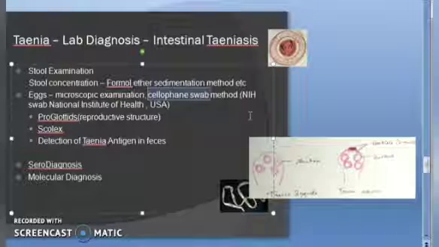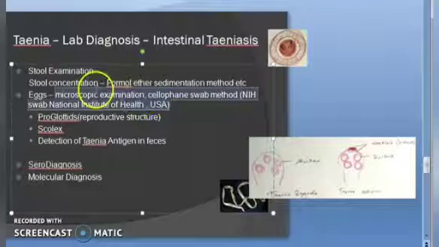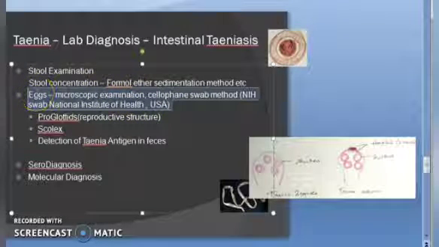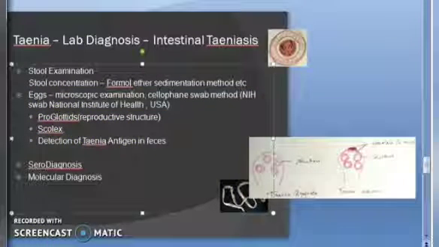Whatever stool is left out will stick there, and especially for animals it's very useful. You stick it and remove it, you get some material that you will examine. In that you can detect the eggs. So that is the cellophane swab method, okay?